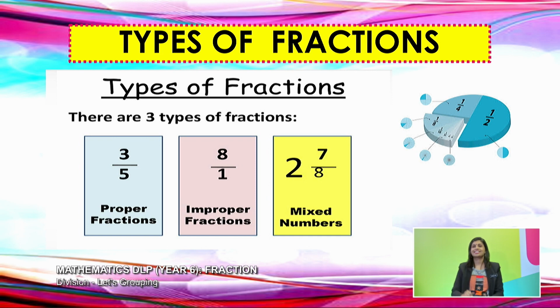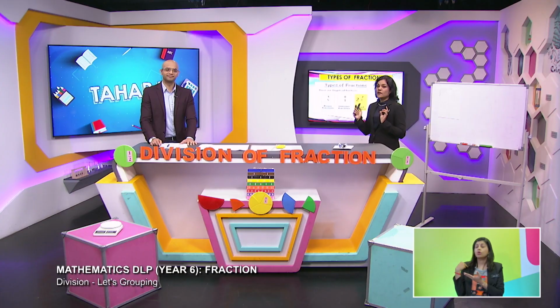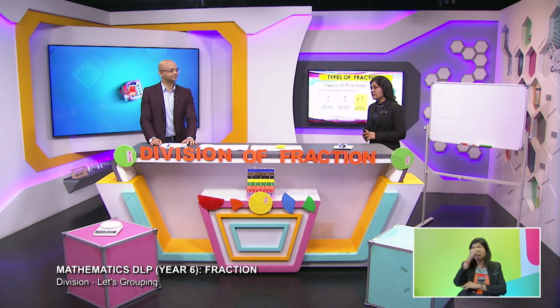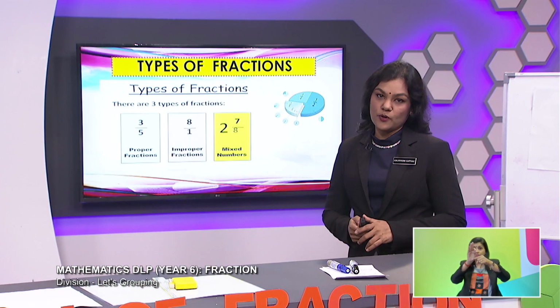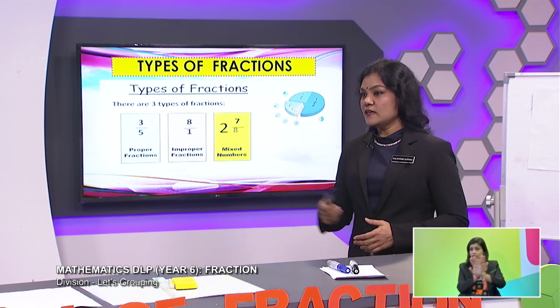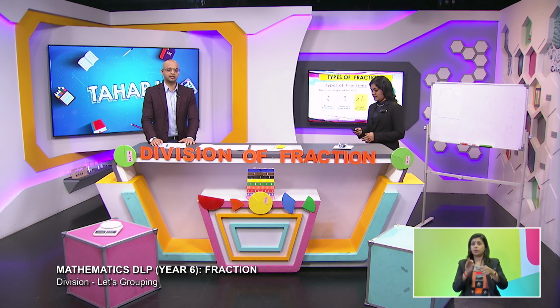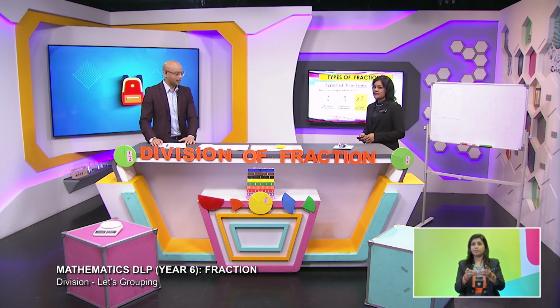Can you say what a mixed number is? It looks like a combination of a whole number and a proper fraction. There shouldn't be an improper fraction. So there are 3 types of fractions: proper fractions, improper fractions, and mixed numbers.